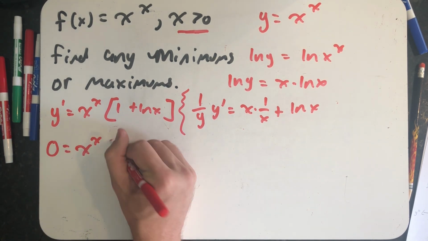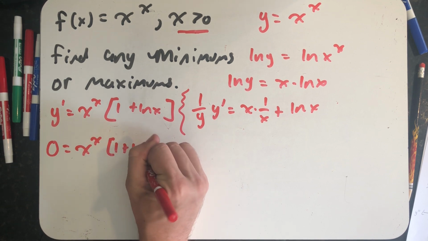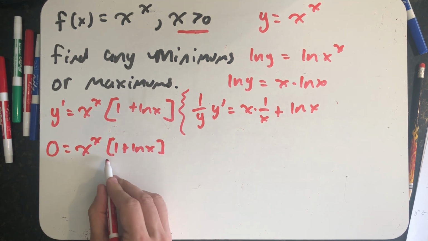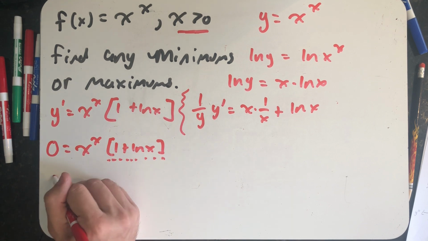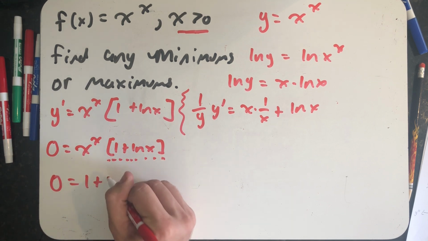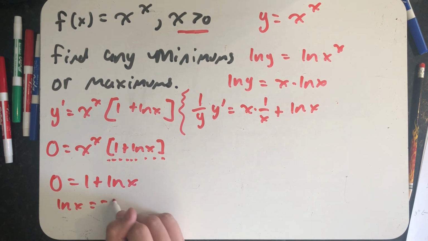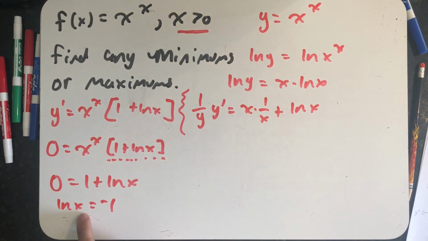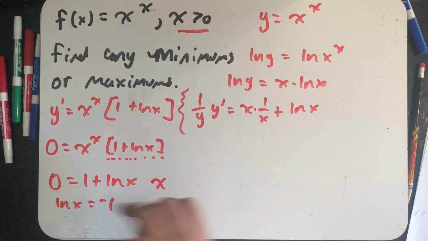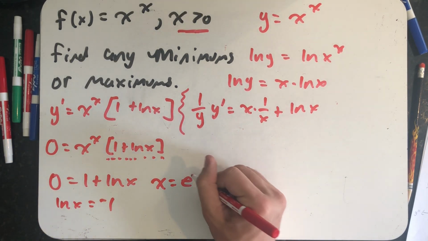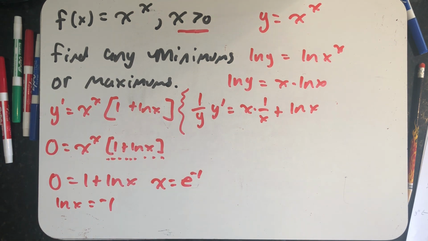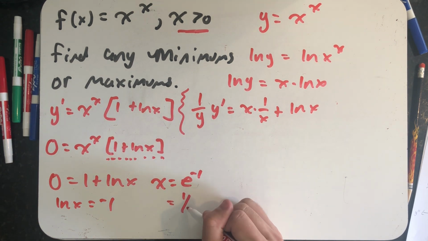Well, because x is positive, x to the x is in fact always positive, so I just need to worry about setting the second part equal to 0. So the natural log of x is equal to minus 1 when solving this equation. Rewriting that as an exponential, I would have x is equal to the base e raised to the minus first. So 1 over e is my only critical point.